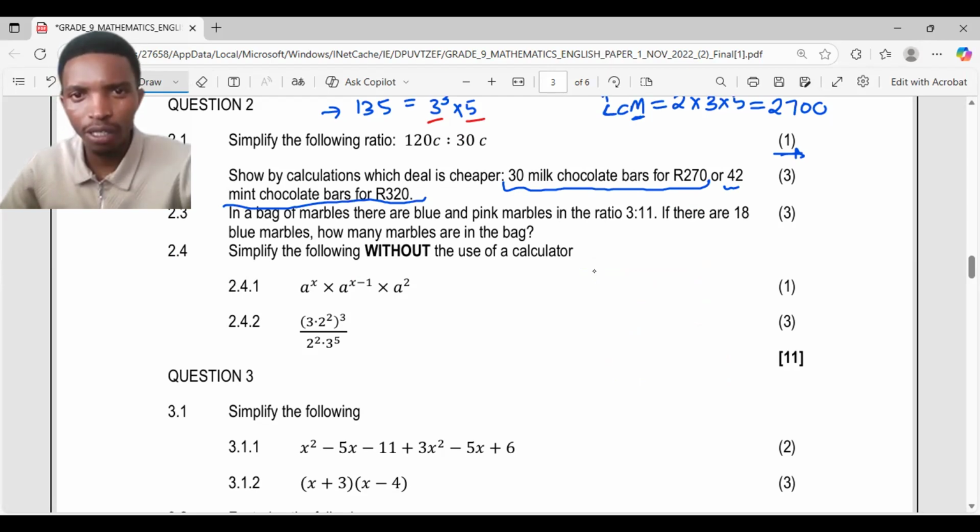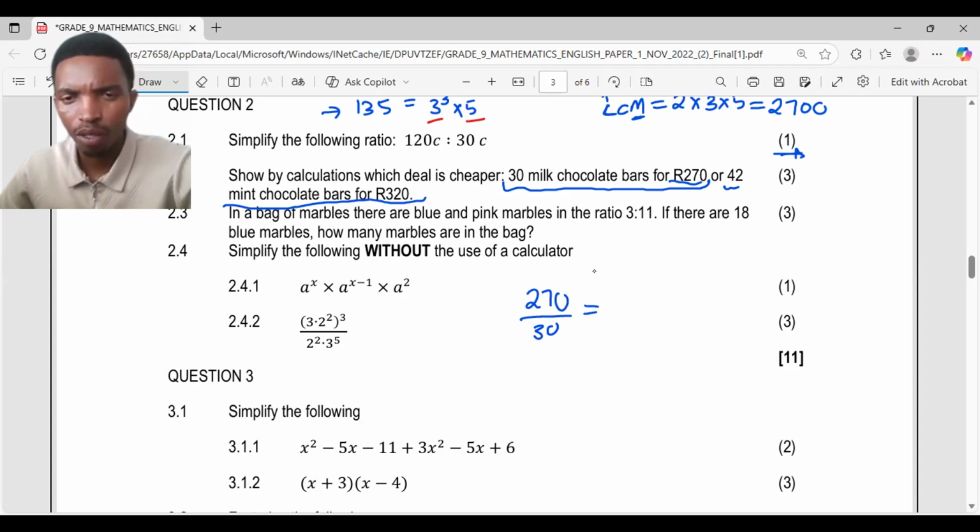So for 270, the first one, we are going to divide by 30 and see how much this is. It's 9. Meaning each chocolate here is 9 rand per chocolate, right? Yes, 9 rand per chocolate.